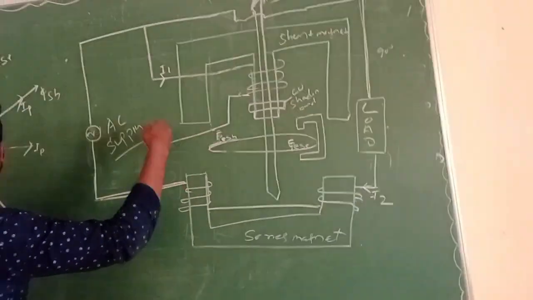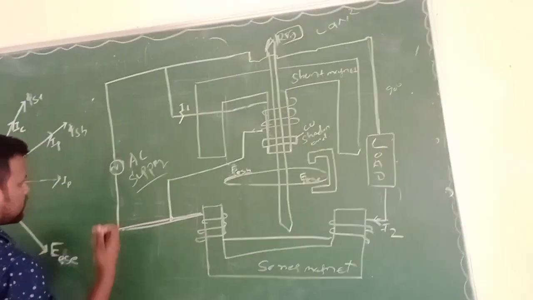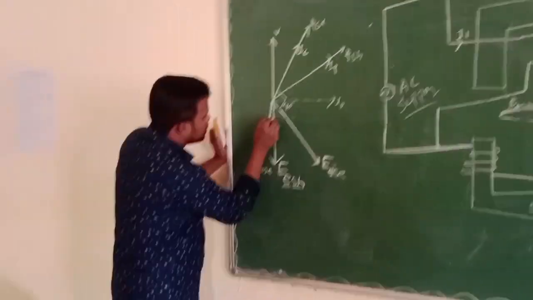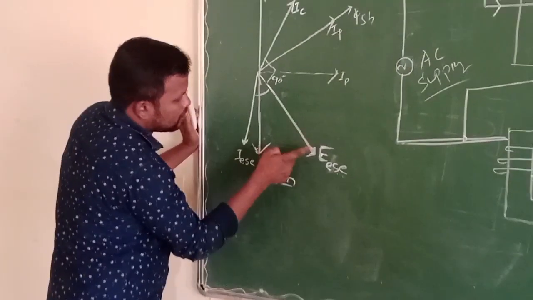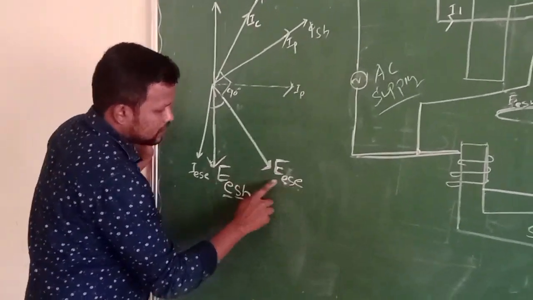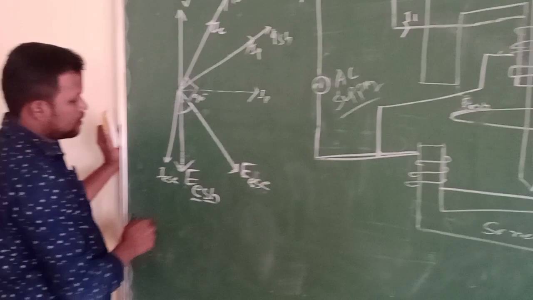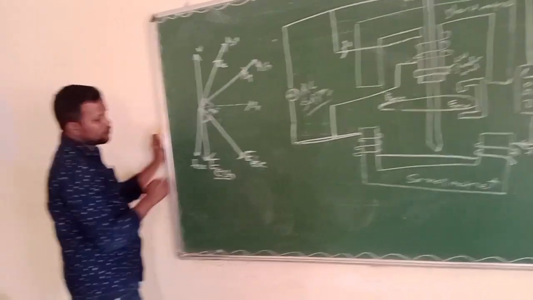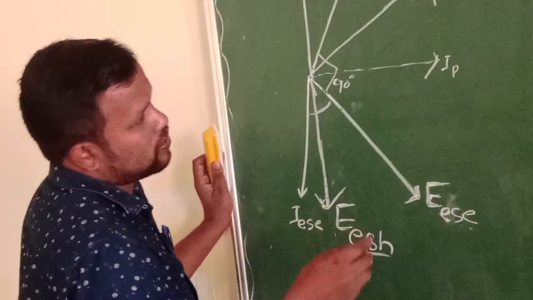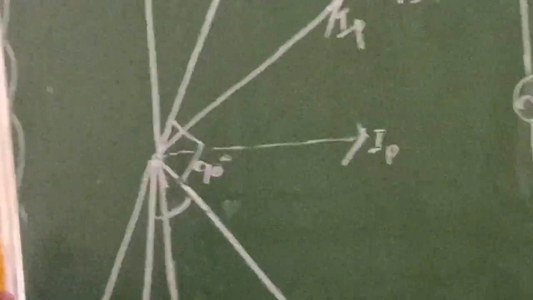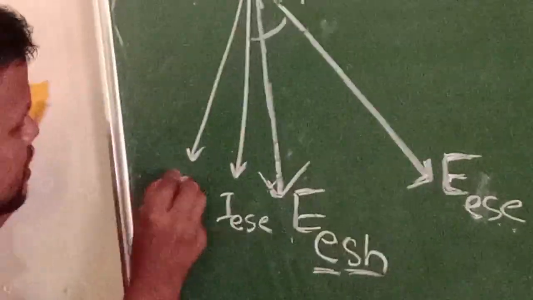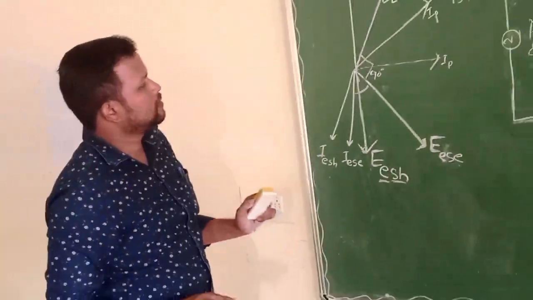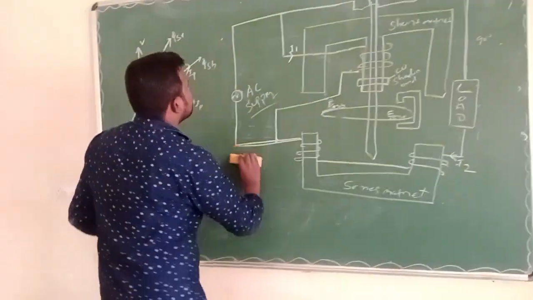So the shunt field voltage should lead and the shunt field eddy current should lag. That is IESH.